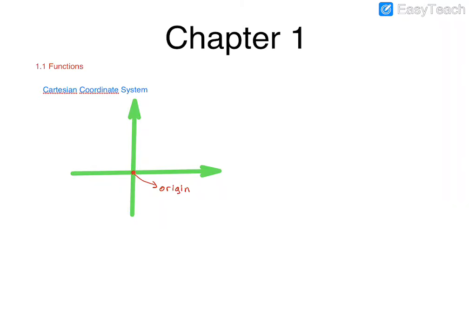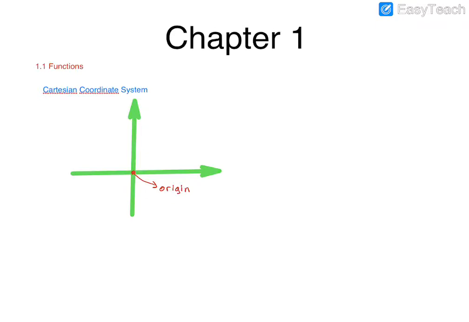These two number lines are called the coordinate axes, separately the horizontal axis and the vertical axis.